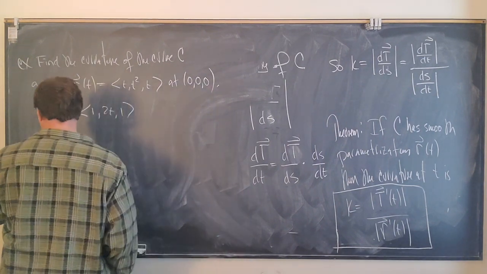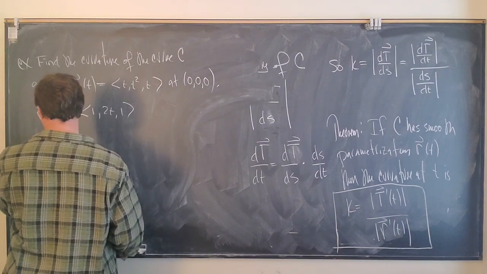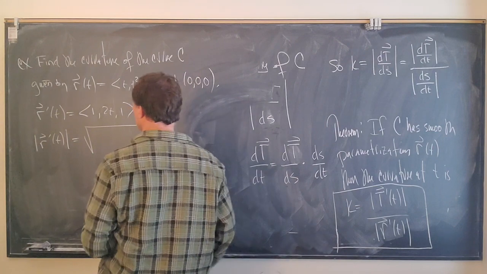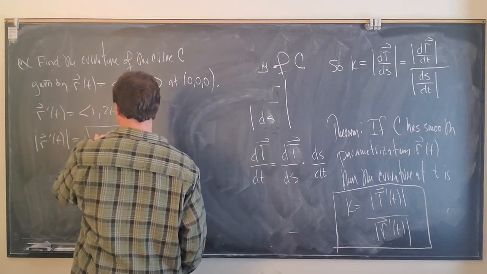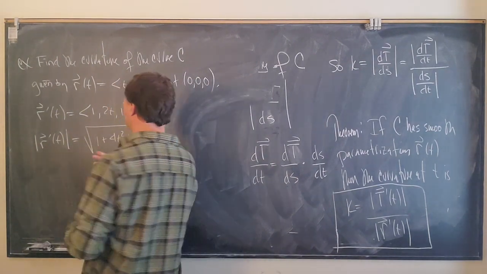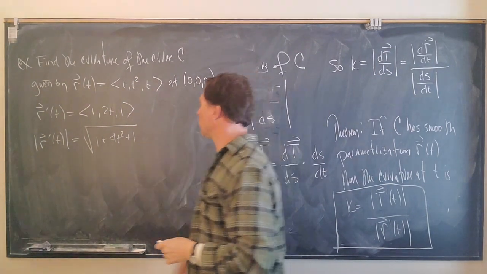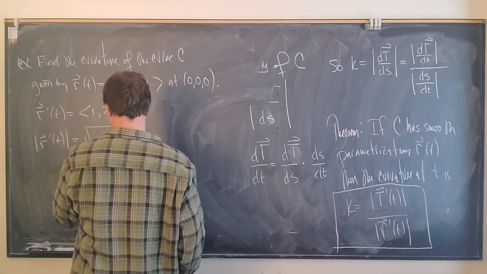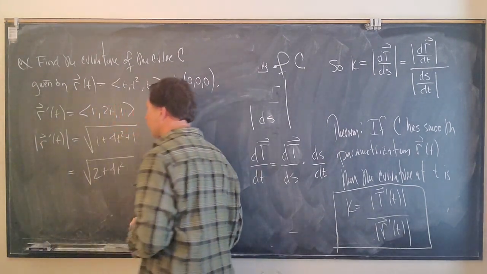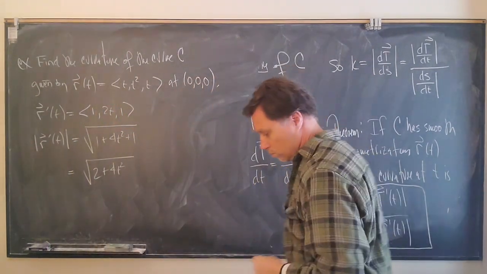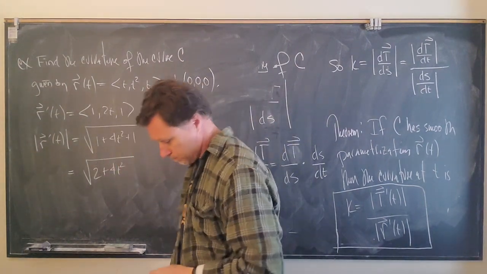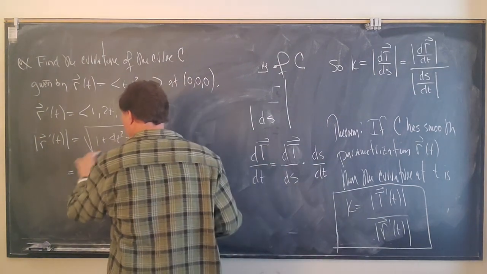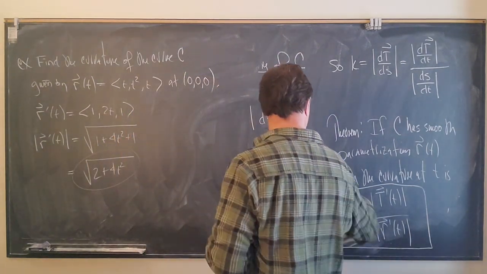We need the length of r prime of t, which is going to be the square root of 1 squared plus 4t squared plus 1. So that gives us square root of 2 plus 4t squared. Okay, so this is going to be our denominator when we compute the curvature.